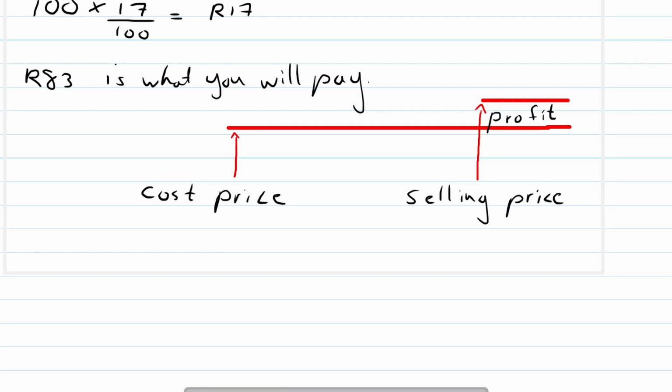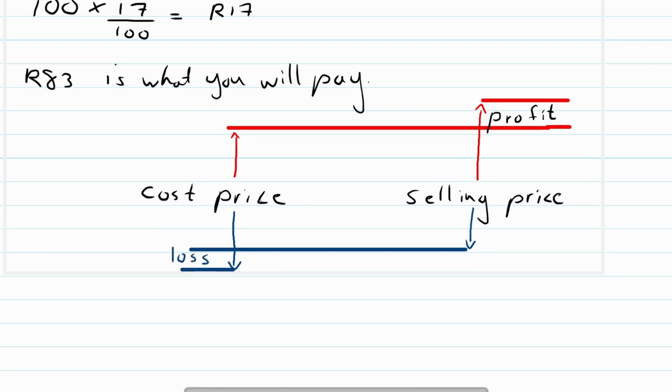But what if your cost price is more than your selling price? The difference between these two will be what we would refer to as a loss. So you didn't make a profit, you made a loss.